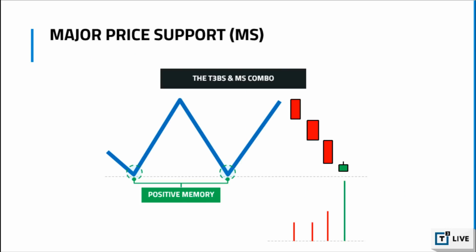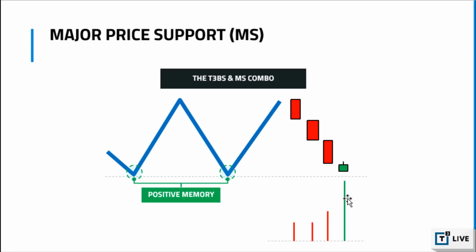So when you have a T3 buy setup at major support, it actually becomes a more compelling buy setup. It gets 10 extra points on the grading or the rating system that we teach. It gets 10 extra points. Positive memory, rewarded traders look to repeat their actions, which produces again the double bottom.